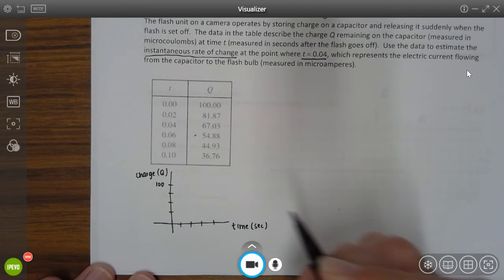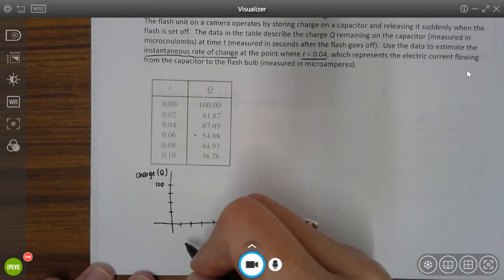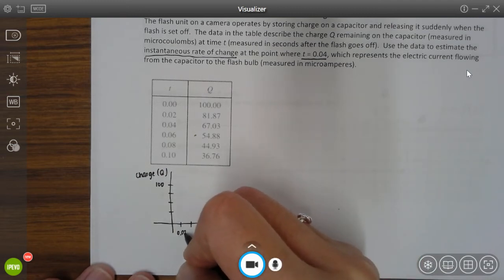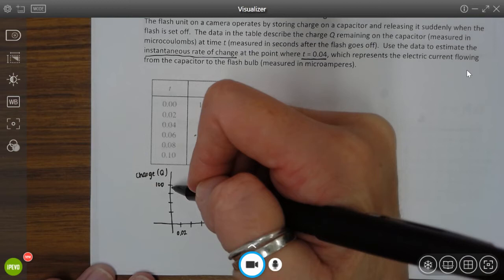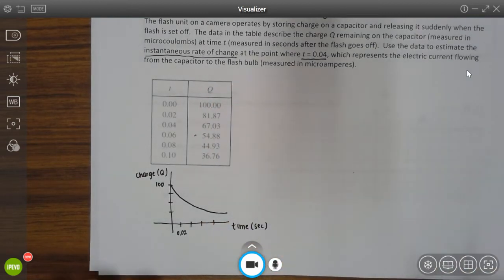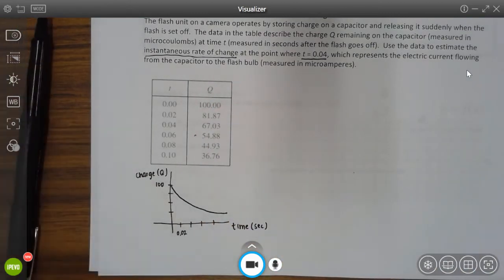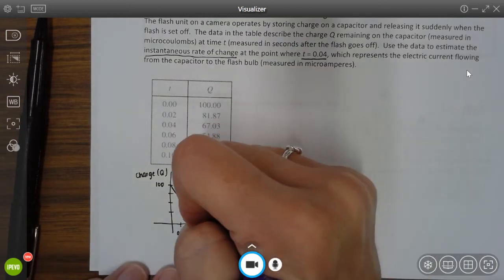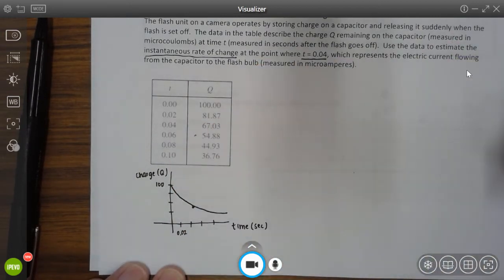Let's call this 100 up here, and we'll call this 0.02. So what the graph is going to end up looking like is probably something along the lines of that. And what we want to know is at the t value of 0.04, what is the instantaneous rate of change?